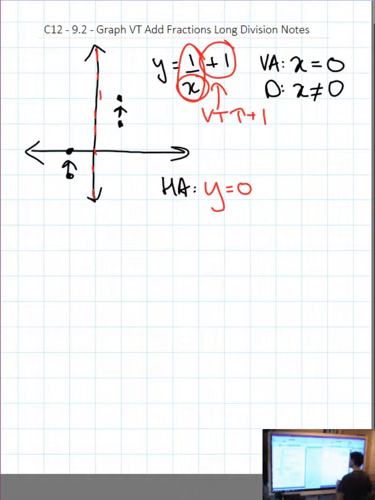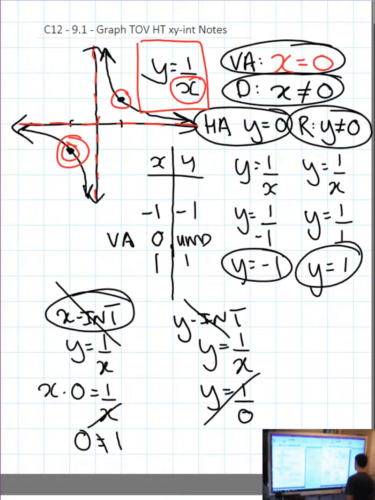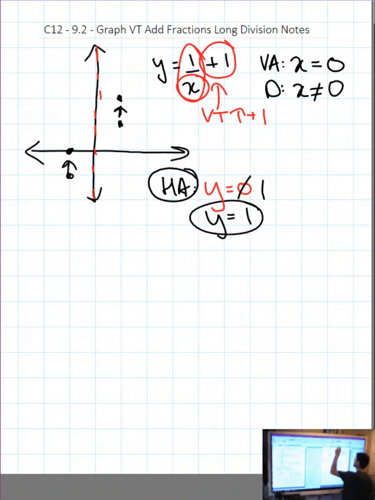But we have shifted the graph up 1. So it's no longer y equals 0, it's y equals 1 is the horizontal asymptote. So on the old graph where the horizontal asymptote used to be on the x-axis, now the horizontal asymptote has been shifted up 1 to be on the line y equals 1.